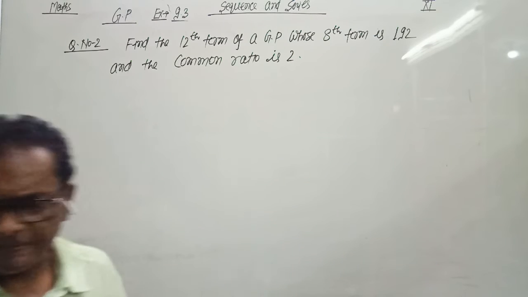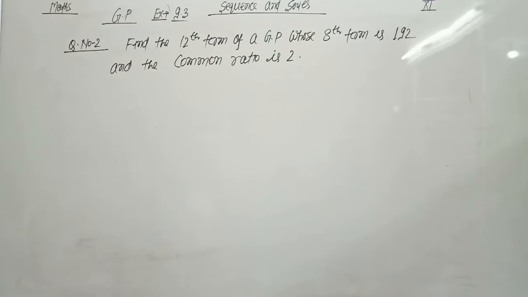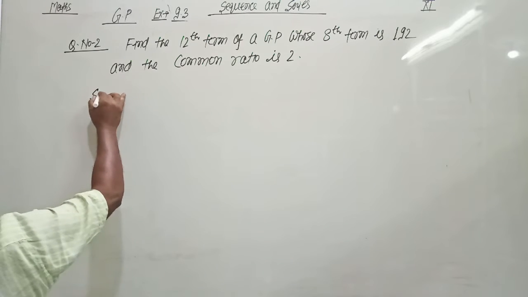So we have given the eighth term is 192 and the common ratio is 2 and we have to calculate the 12th term.